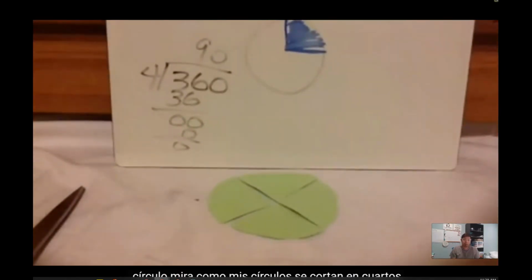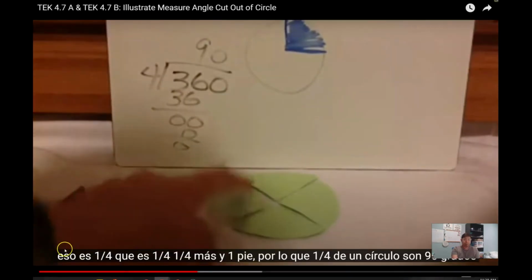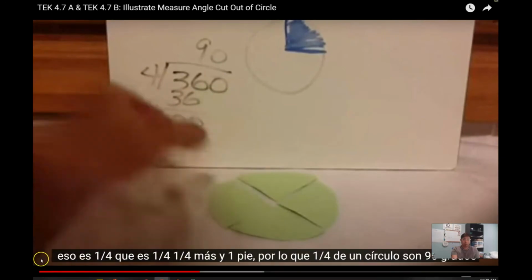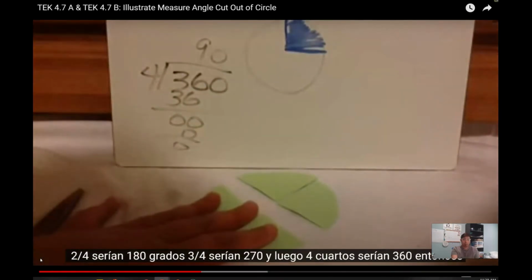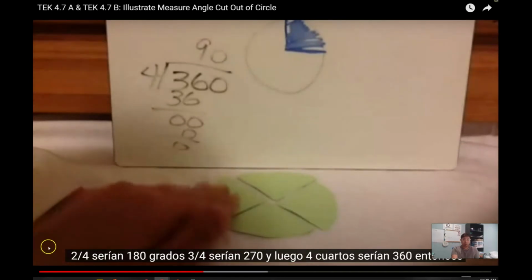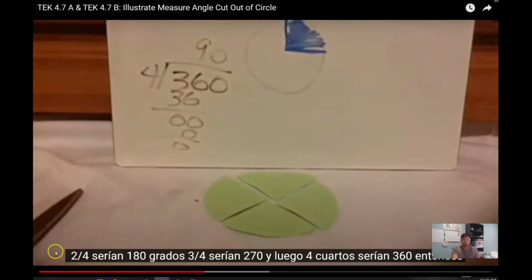See how my circle's cut into fourths? That's 1/4, that's 1/4, 1/4 plus 1/4. So 1/4 of a circle is 90 degrees. 2/4 would be 180 degrees. 3/4 would be 270. And then 4/4 would be 360.